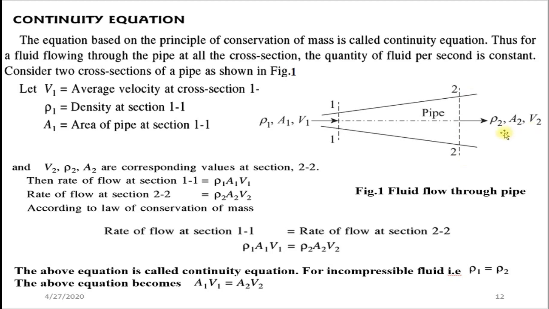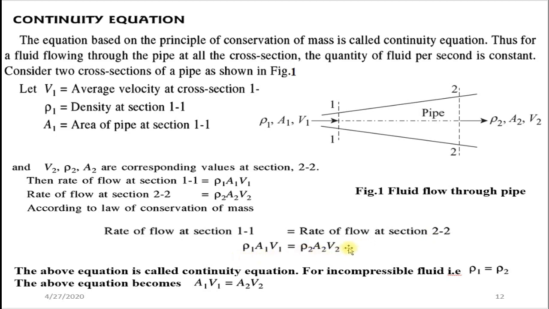So ρAV is the formula for mass flow rate. Whatever mass enters at 1,1, the same mass is leaving at 2,2 according to the conservation of mass principle. So you can equate both values. That is why rate of flow at section 1,1 is equal to rate of flow at section 2,2: ρ1 A1 V1 is equal to ρ2 A2 V2.